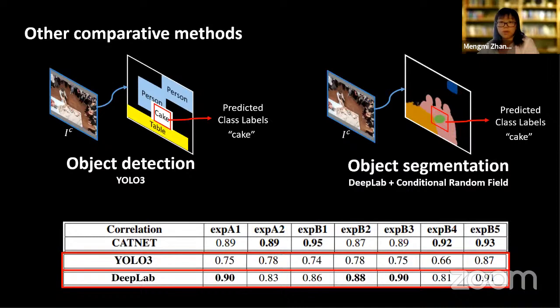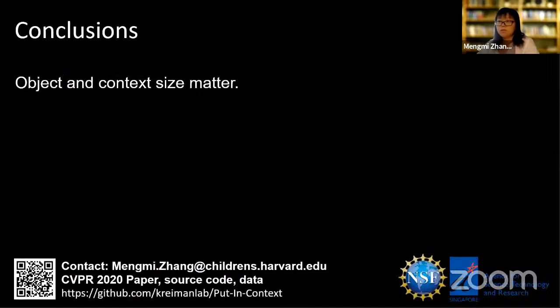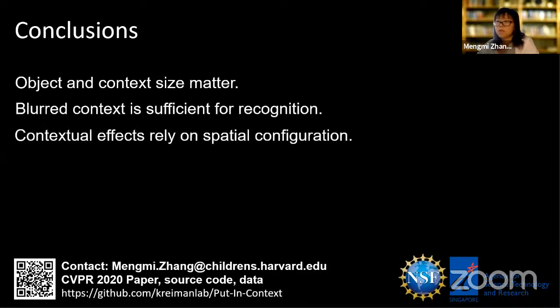on small object recognition. So to summarize, object and context size matter in visual recognition, and our recognition system is robust to low resolution context and geometric rearrangement. Contextual modulation happens very fast, and it can be impaired by rapid interruption via background masking.